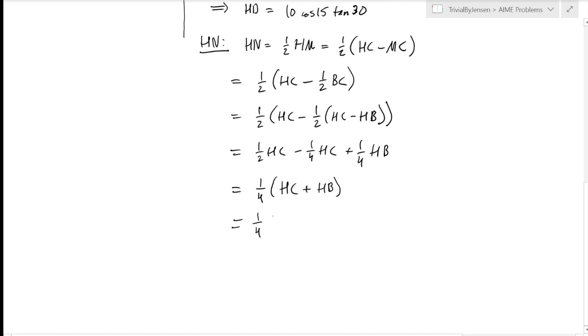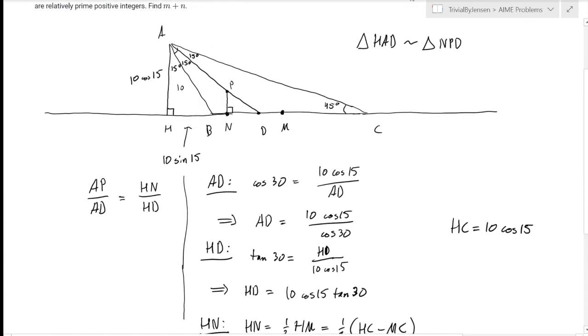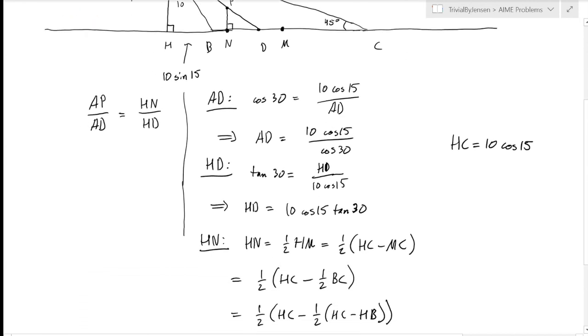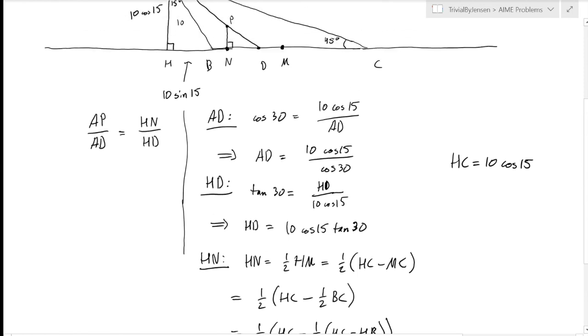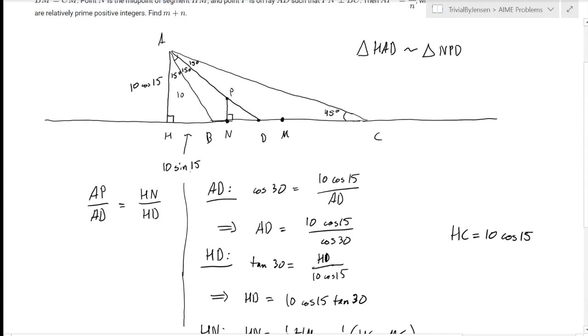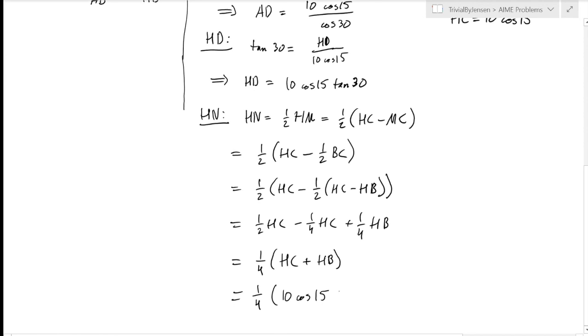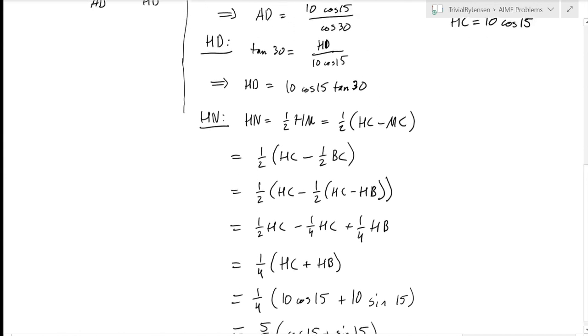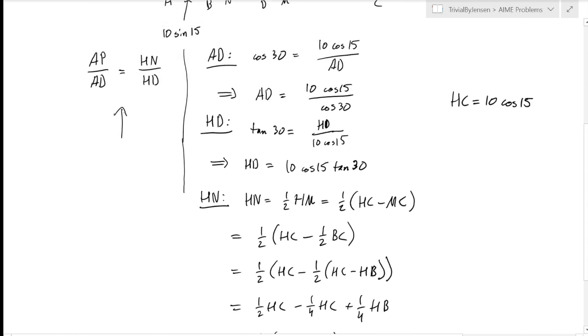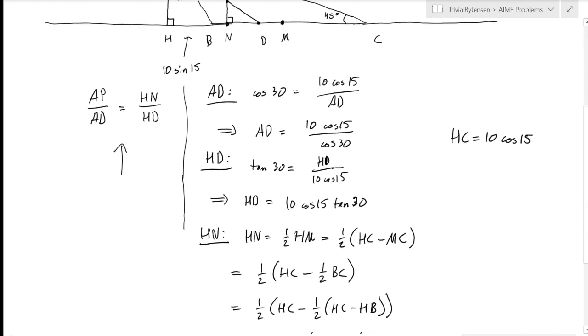As I mentioned before, HC is the same as HA, so 10 cosine of 15. And HB, we already found, is 10 sine 15. So we found HN: 5/2 times cos 15 plus sine 15. All right, we're ready to plug into our side ratios, and now we can solve.